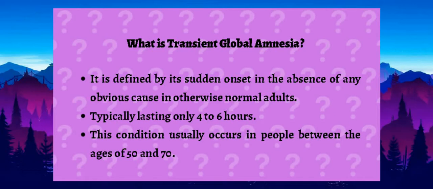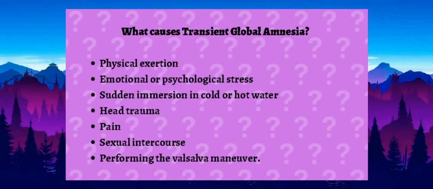How common is transient global amnesia, or TGA? TGA occurs in approximately 3 to 10 people out of every 100,000. In the next slide, we have the question of what causes transient global amnesia.